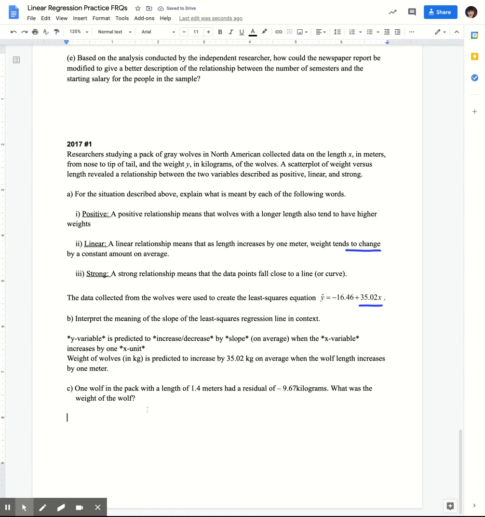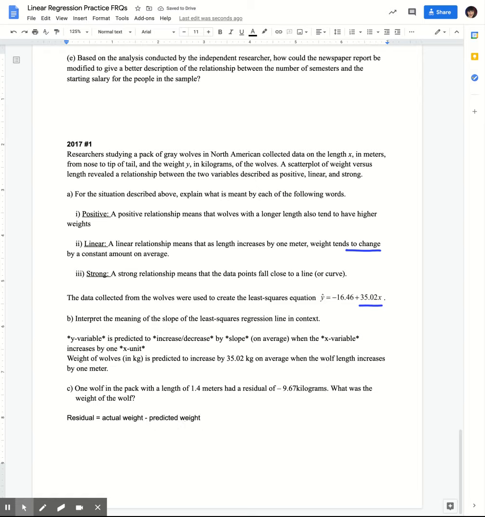my last part here says one wolf in the pack has a length of 1.4 meters and a residual of negative 9.67. And they want to know what the actual weight of the wolf is. Okay, so remember that the residual equals the actual weight minus the predicted weight.